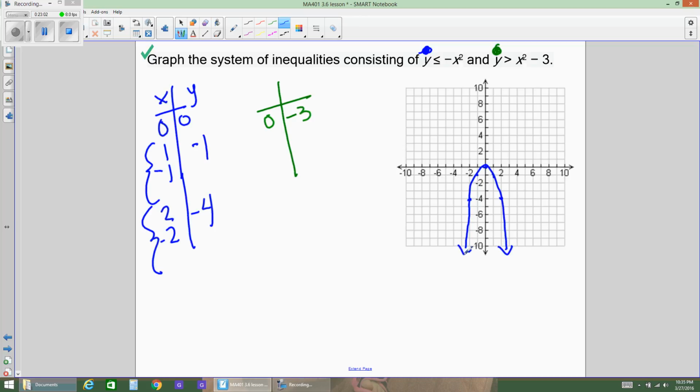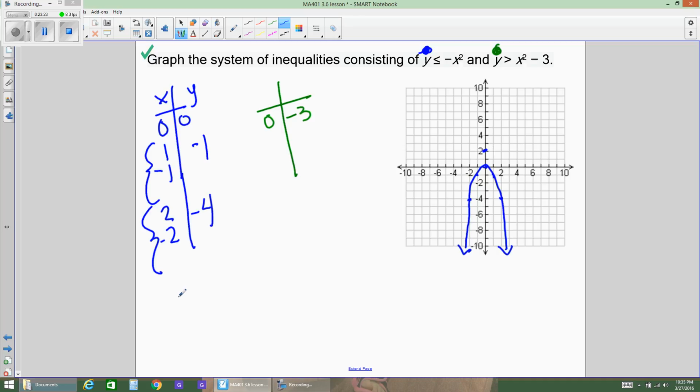Done. The graphing was easy, but guess what? We cannot choose 0, 0 as our test point because this graph goes through 0, 0. So we need to choose another point, and it would be nice if it were an easy point. Let's say maybe 0, 2. 0, 2 is right here.